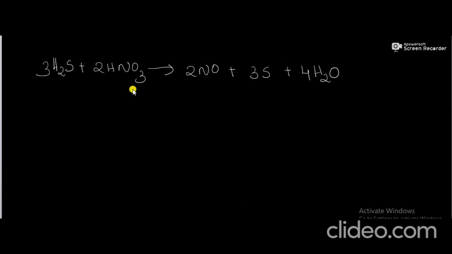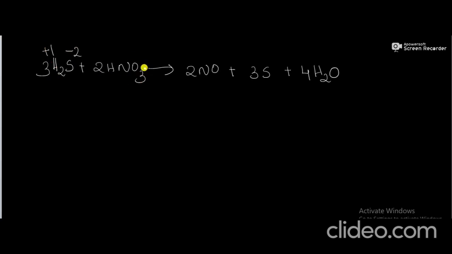Consider another reaction, and which will be the oxidizing agent and which will be the reducing agent. Here, the oxidation number of each atom in this reaction. Sulfur has oxidation number -2, so hydrogen has oxidation number +1.